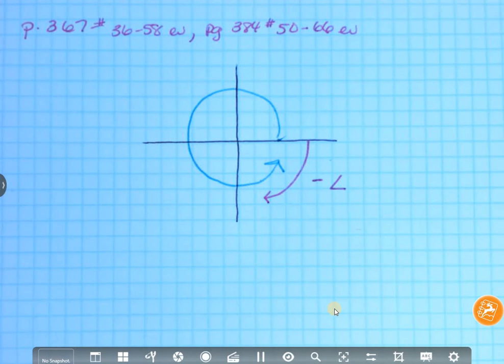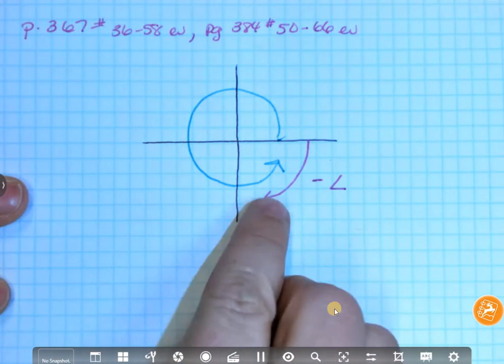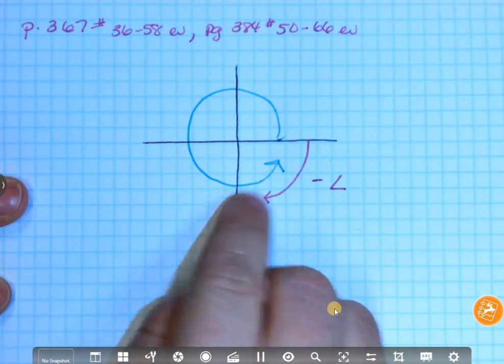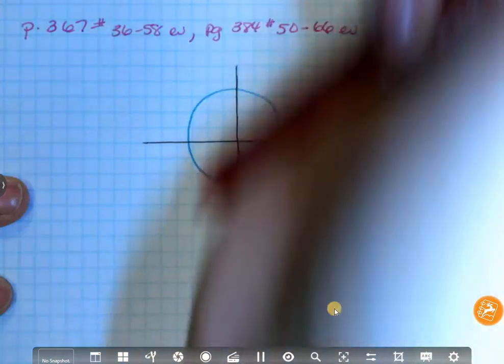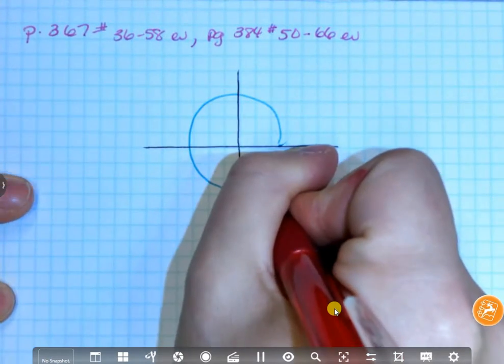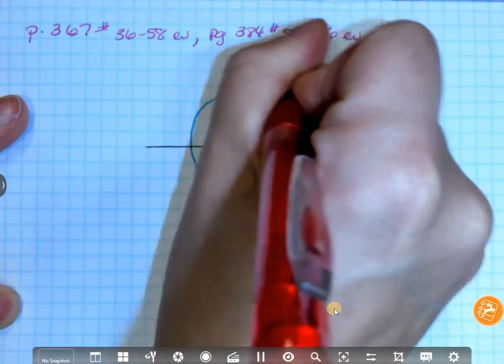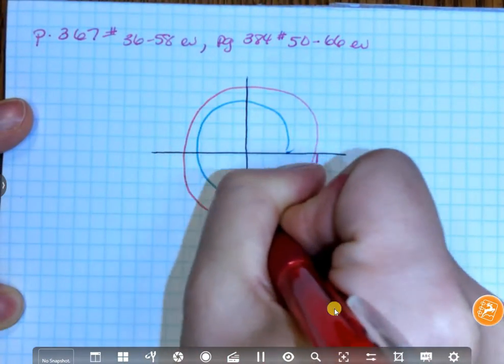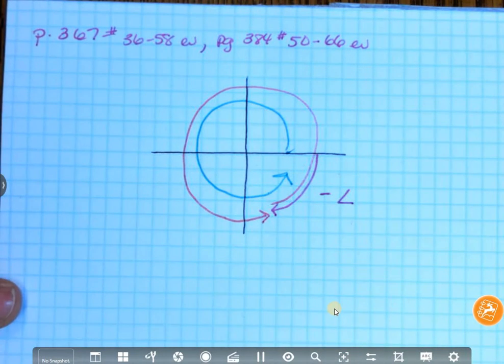If you don't feel comfortable dealing with negative angles, remember from that very first homework that you had, it had coterminal angles, angles that had the same ending point. If you don't like this, what you can do is you can always add a circle to it. So starting here, add 360 and see what that next point gives you.